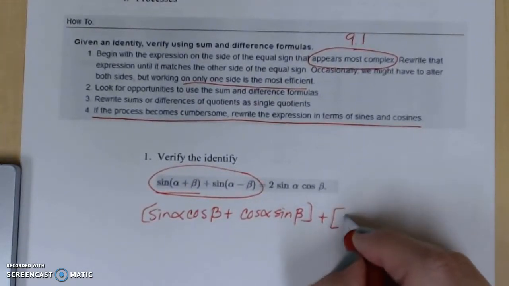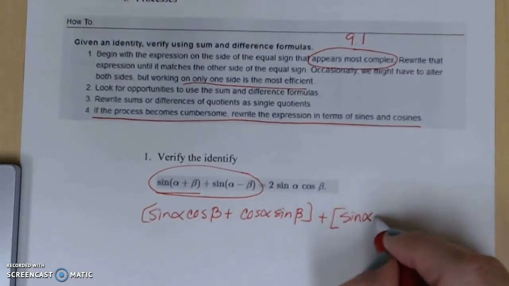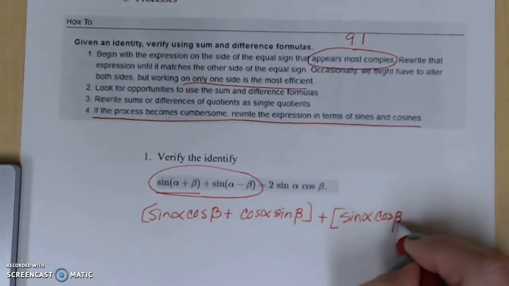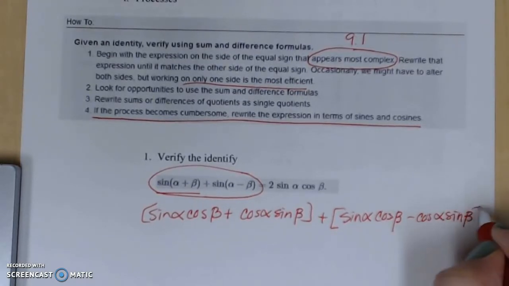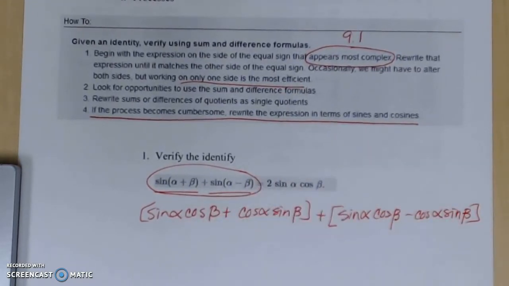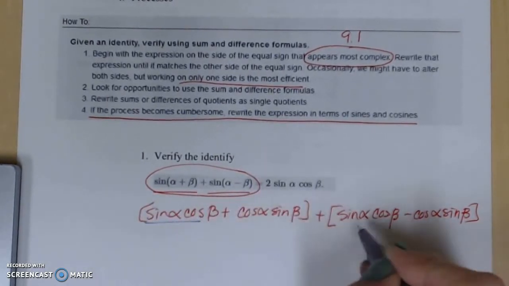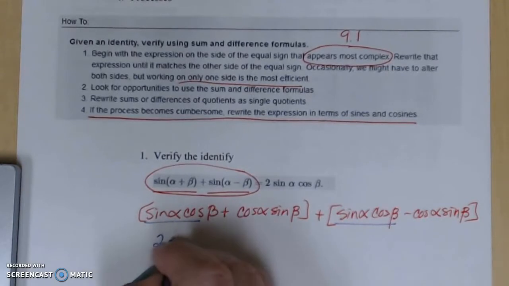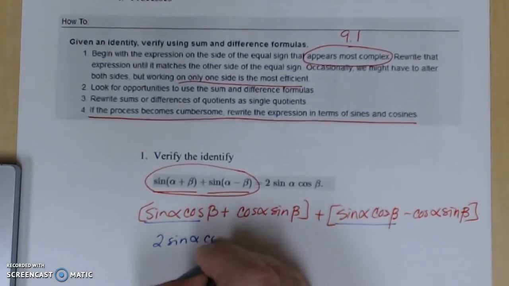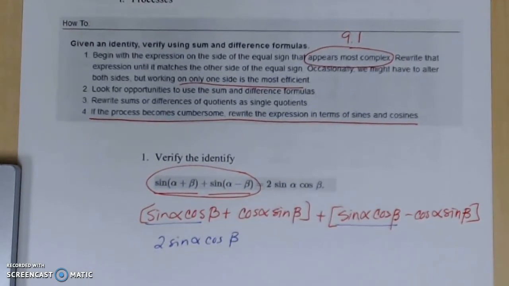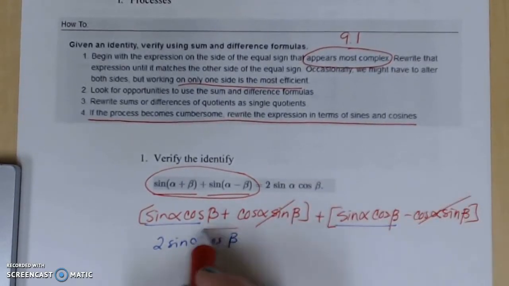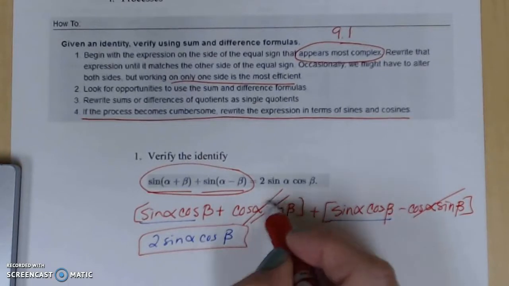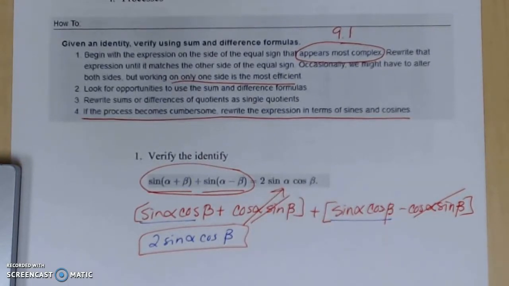Plus, now I'm going to plug in my next one: sine alpha cosine beta minus cosine alpha sine beta. And again, that's this part. Now, if I start cleaning this up, you'll note that I have similar terms here. So I could say 2 sine alpha cosine beta, and that these terms cancel, leaving me with just this term, which is what I was aiming for.